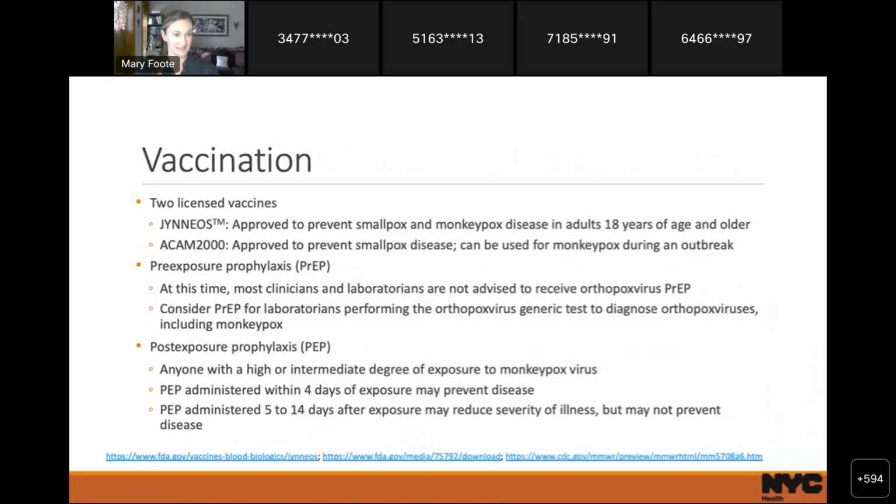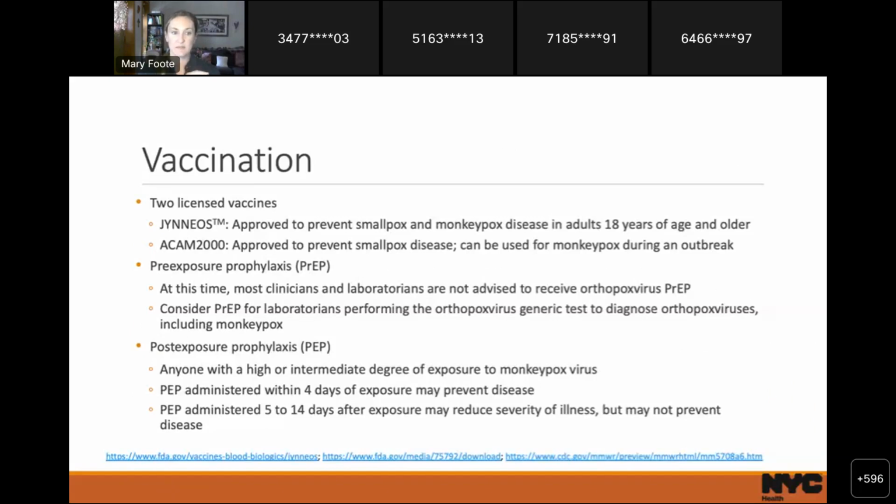So vaccination, we currently have 2 licensed vaccines available. One is what we're exclusively using, which is JYNNEOS. This is approved to prevent smallpox and monkeypox disease: post-exposure prophylaxis in adults 18 years of age and older, and pre-exposure prophylaxis in adults 18 years of age and older.